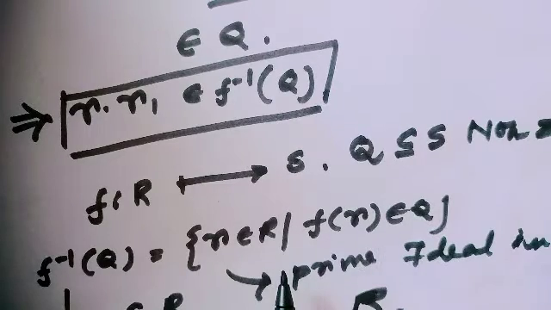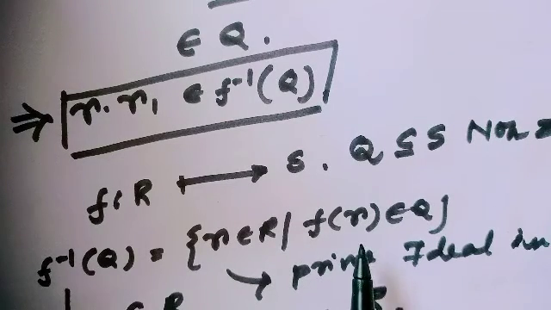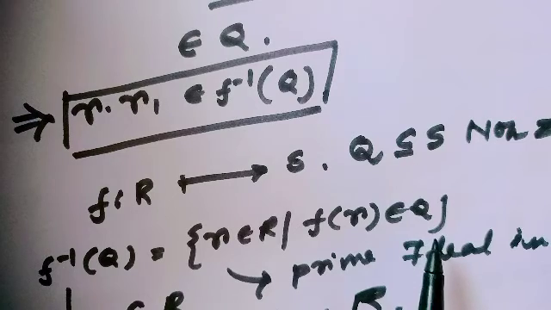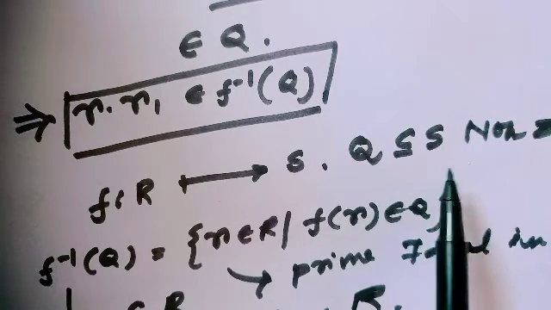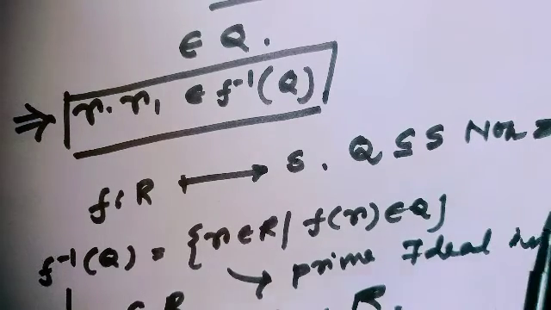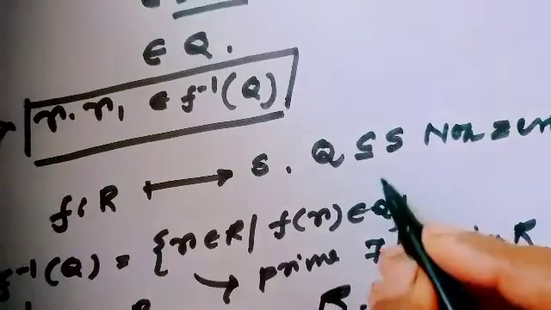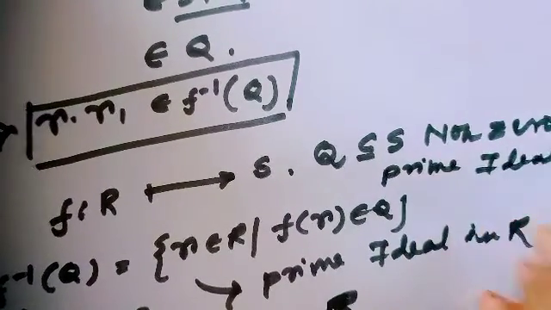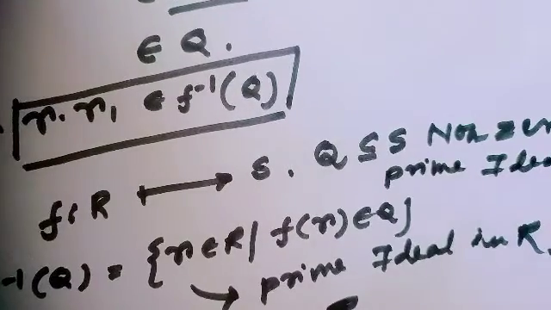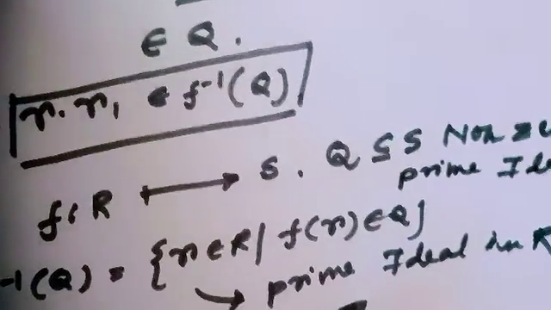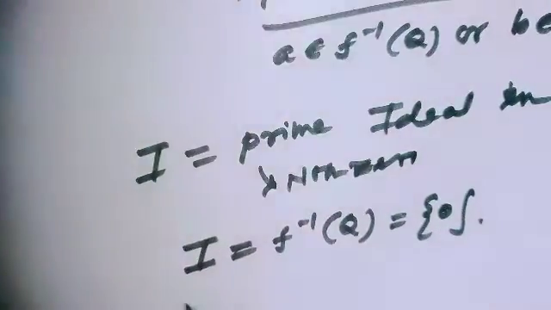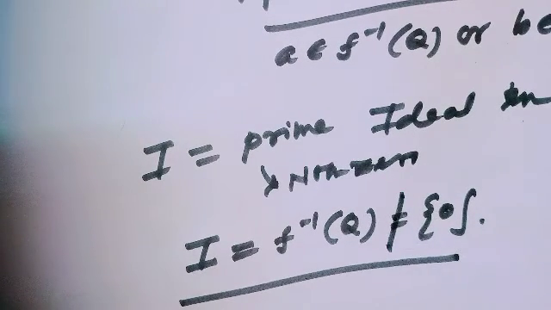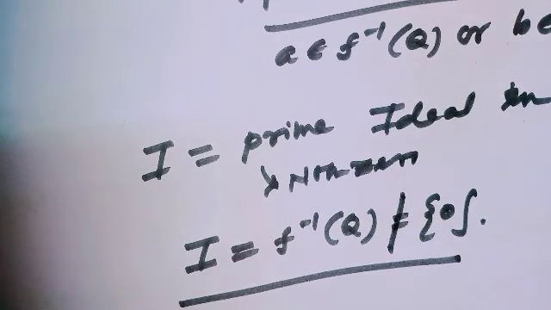But this is the set: F of 0 belongs to Q. But here the question indicates Q is a non-zero prime ideal in the set S. So obviously this ideal F inverse Q is a non-zero prime ideal. That means our proof is done.